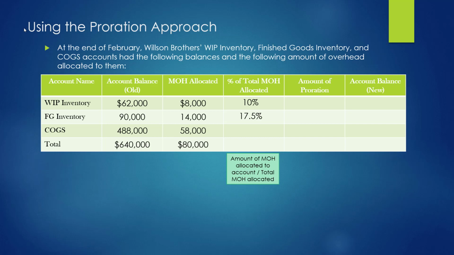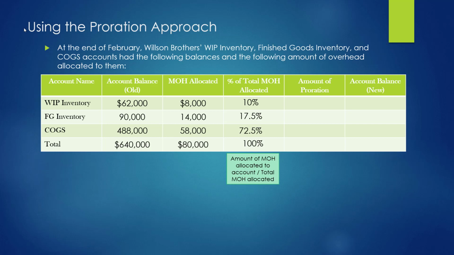And the remaining $58,000 of overhead which was allocated during the period was allocated to jobs which we finished and sold, and their cost ended up being expensed under COGS. $58,000 is 72.5% of the $80,000 which we've allocated. If we add up those percentages, they add up, and they should always, to 100%. So we've accounted for all 100% of that $80,000 of overhead which was allocated out of the pool to various jobs.